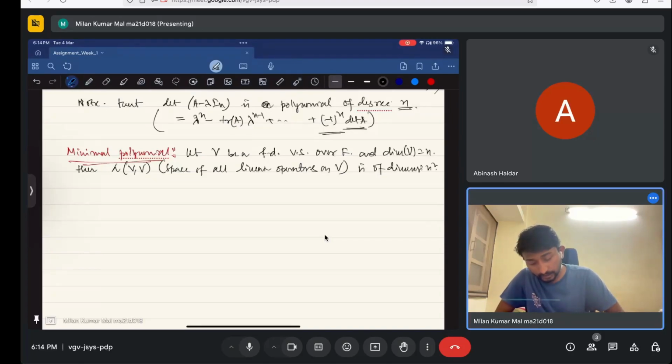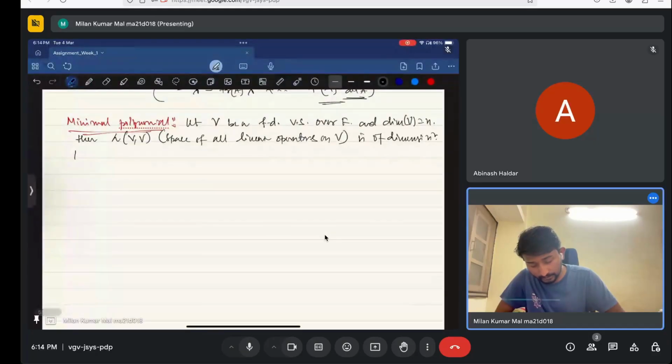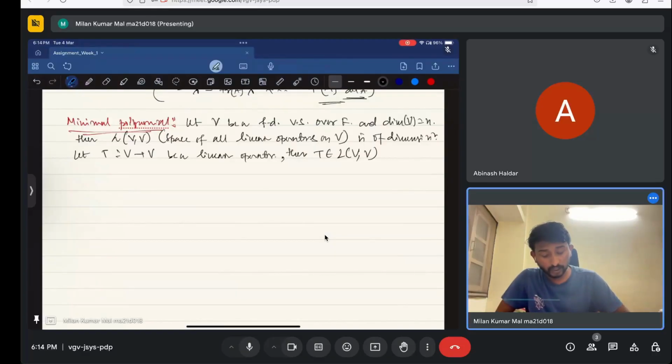So then let T be a linear operator from V to V. Then T is in L(V), the space of all linear operators on V, and this forms a vector space, that's why it is called a space, and it has dimension n square.